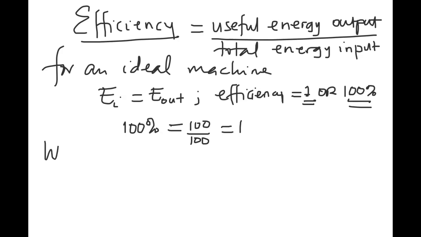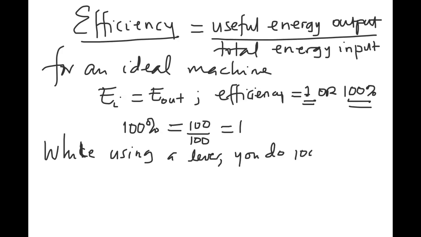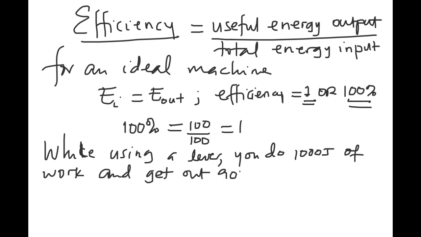Say while using a lever, you do 1,000 joules of work, and let's say you get out 900 joules of work.